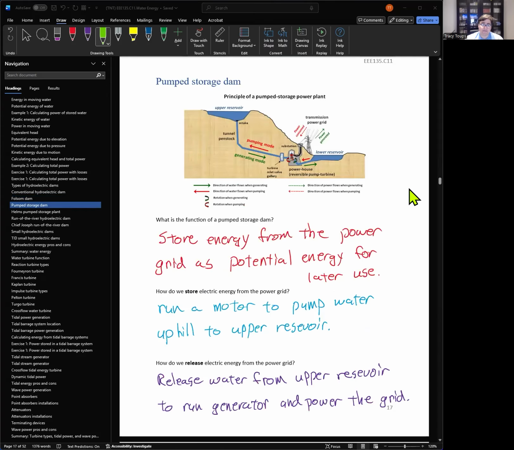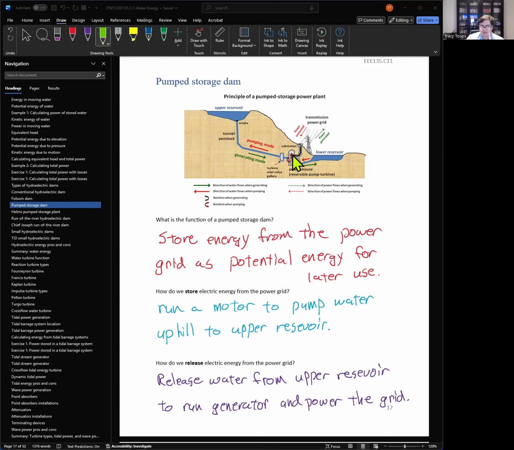Next one we're going to talk about is the pump storage dam. This is a more specialized idea where we have a lower reservoir and an upper reservoir. We'll have this tunnel slash penstock right here, and a second one down here.